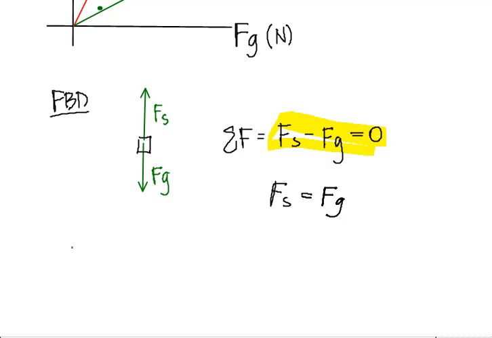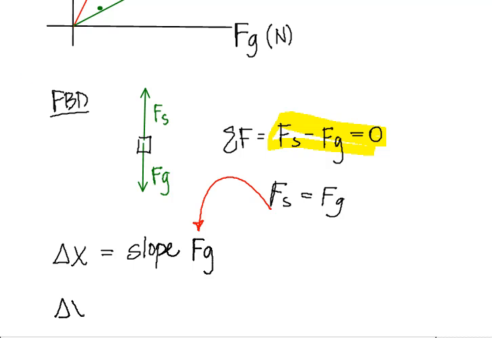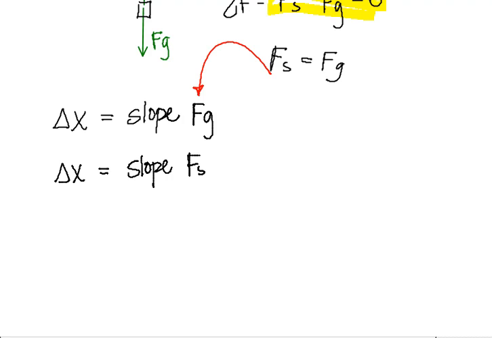So I can look at my equation. My equation for the line was delta x is equal to the slope value times the gravitational force. Well, holy cow, the gravitational force is the spring force. So let's make a substitution. Delta x is equal to slope times the spring force. Okay?